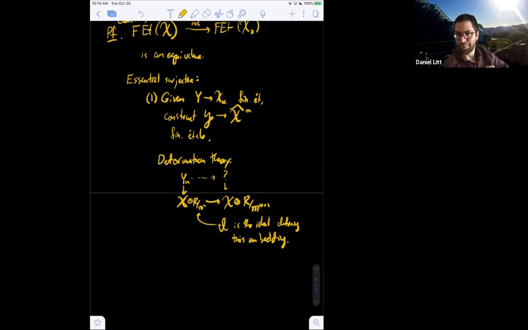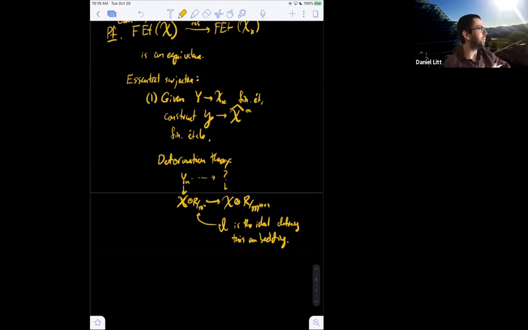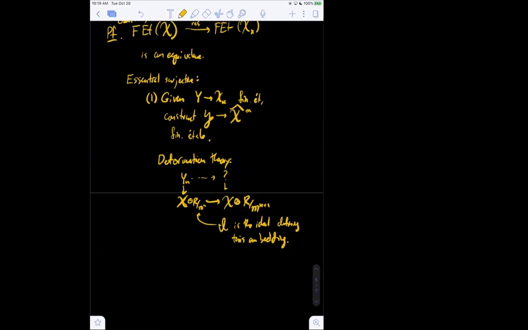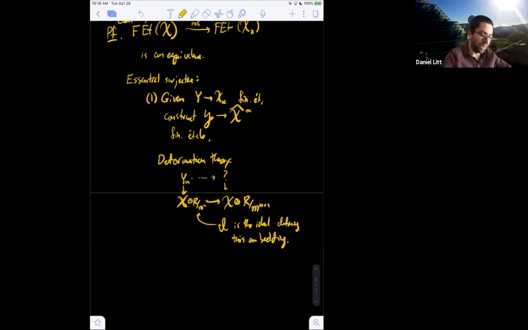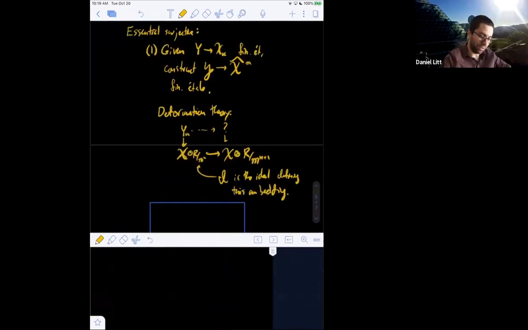Does that help, Arvind? Yeah, I just wish I could visualize infinitesimal thickenings. I like to think of them as little arrows sticking off of the central fiber or something. I see, that's the picture I've seen, and I've always just been confused. But okay, cool, thank you. I think this is really an algebraic object. I don't think there's really a picture.